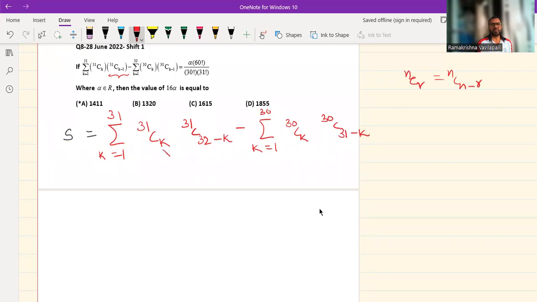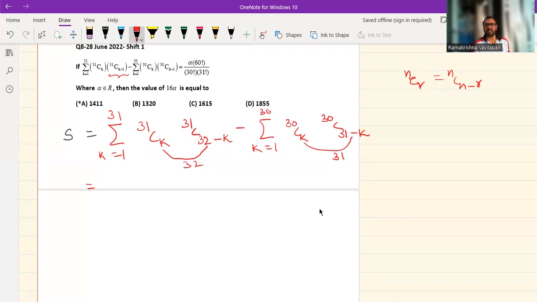See, the sum of these two is 32, and the sum of these two is 31. Here both M and N are same. But remember what is our formula?